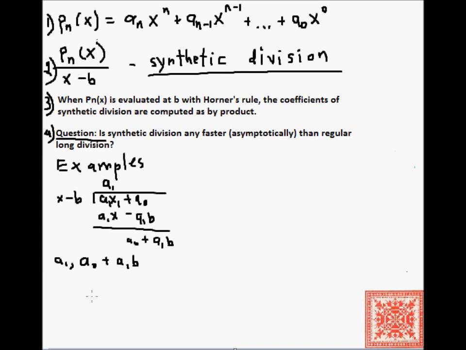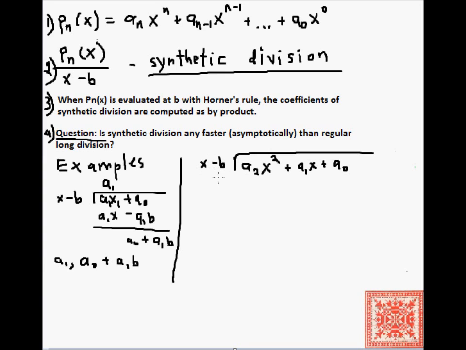Okay, so let's do the second degree polynomial, right? The generic long division for the second degree polynomial, dividing the second degree polynomial by the x minus b monomial. So we have a2x squared plus a1x plus a0 divided by x minus b. Okay, the first factor is a2x.